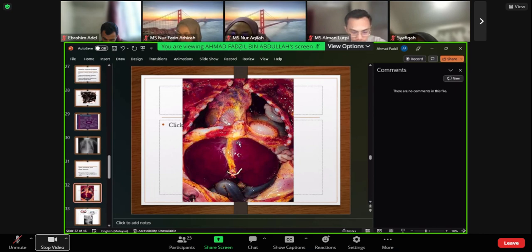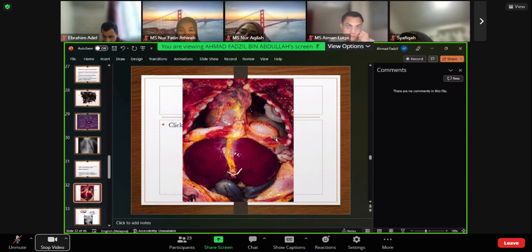You can notice, this is a post-mortem of a newborn that was stillborn. You can see the right side of the lung, and the left thoracic cavity.